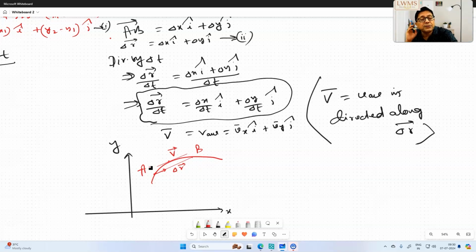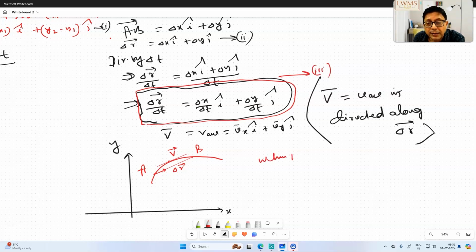Now, if you want to define velocity at a particular point, suppose you want to define velocity at A, then that is known as instantaneous velocity. So if you consider velocity at A, then you just go for this approximation when delta t tending to 0. You take this one as equation 3.